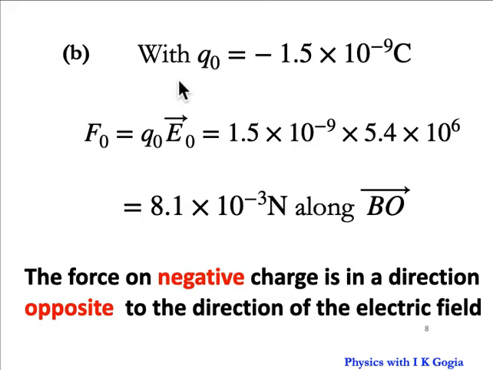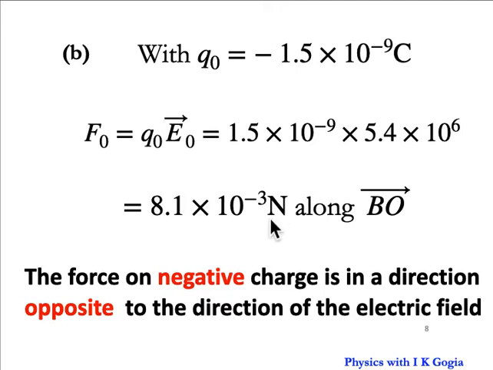If we have a point charge Q naught at the midpoint, then the force will be Q naught into the intensity of the field, because field intensity is force per unit test charge. That gives us force equal to test charge multiplied by the field. Substituting the values, you get the force as 8.1 into 10 to the power minus 3 Newton.